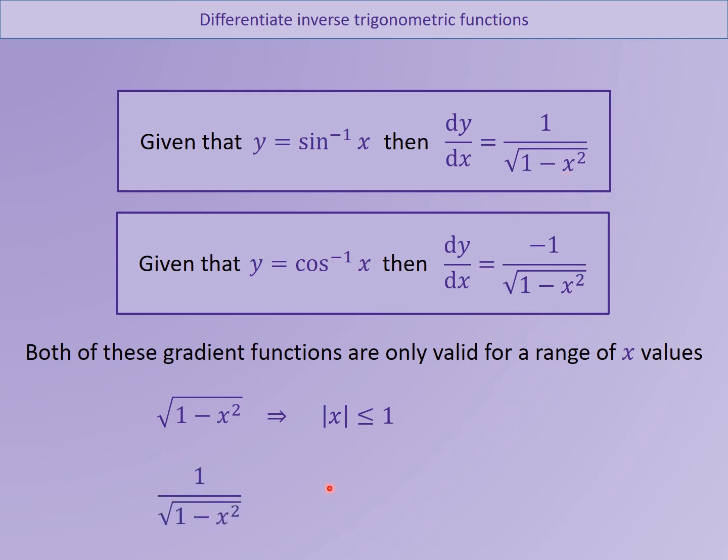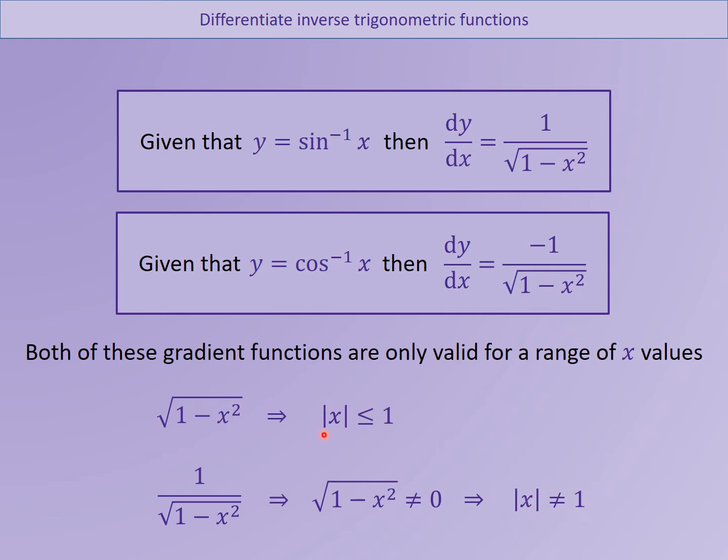But there's a bit of an issue here, isn't there? If this is actually equal to 1, I get 1 minus 1. I can square root that, but I get 0. Now, because that's 0, 1 divided by 0 is undefined. So I agree that it should be between minus 1 and 1, but it can't actually equal 0. So therefore, this can't actually equal 1 or minus 1 either.